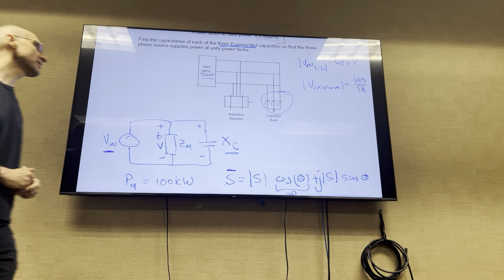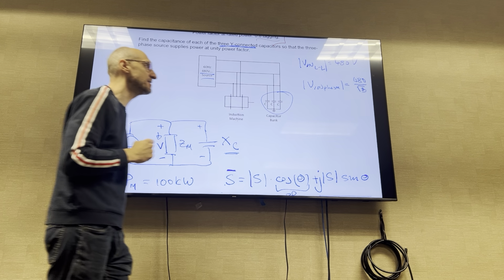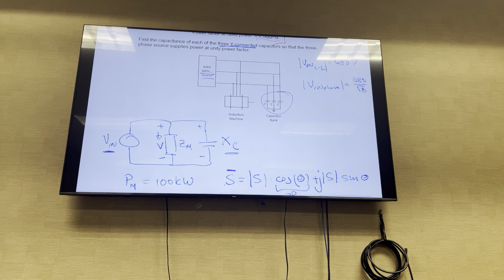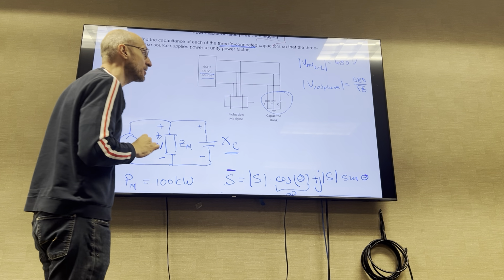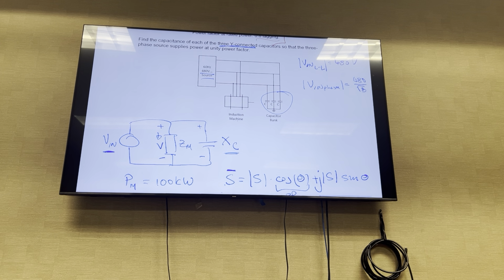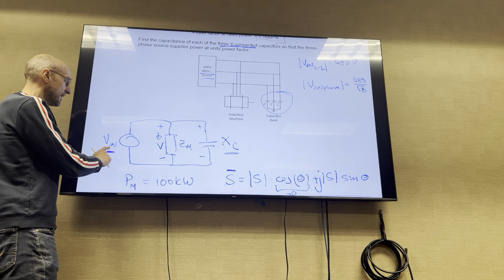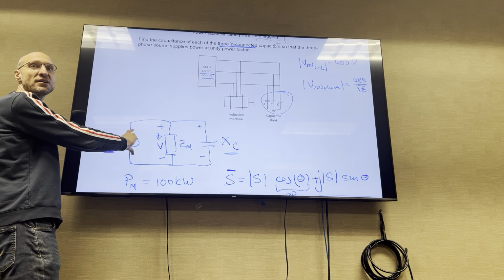And I don't really care about the fact that this is shifted by 30 degrees from this guy at this point, because I haven't really defined a reference phasor just yet. So it only becomes relevant when I determine what is my reference phasor. In this particular problem, I know what this voltage is. I don't know the phase angle, but we said always, let's make the per phase voltage source be my reference.